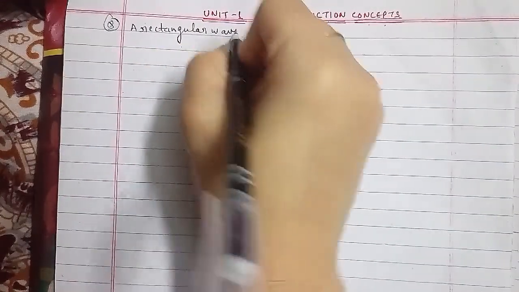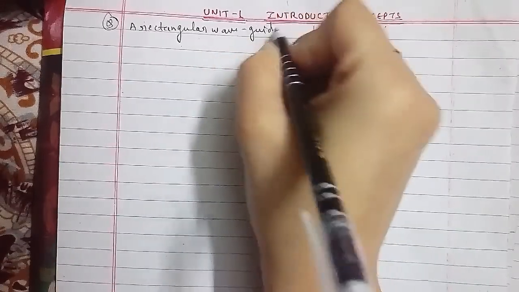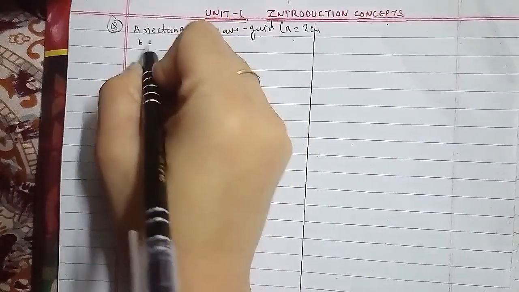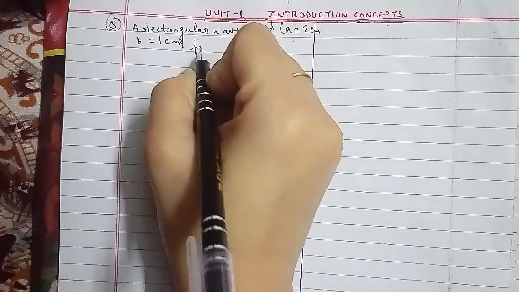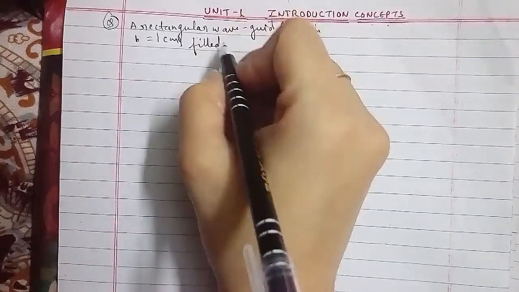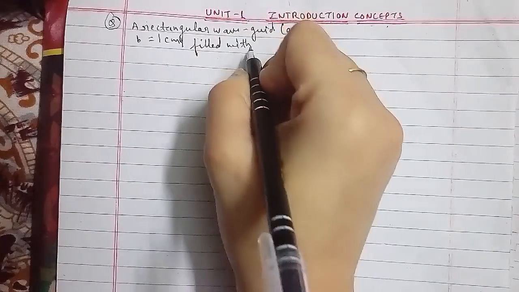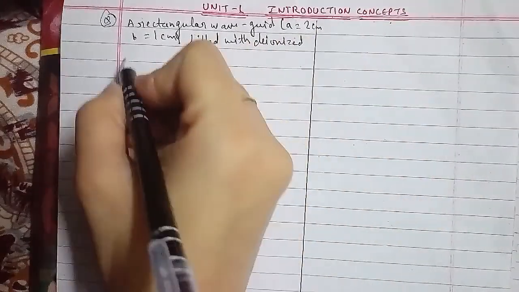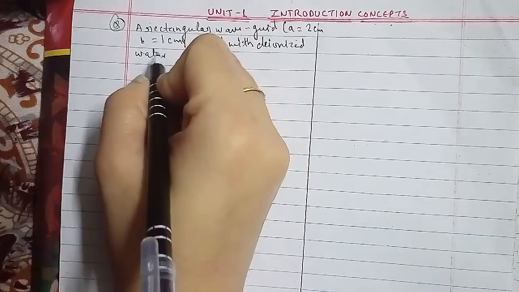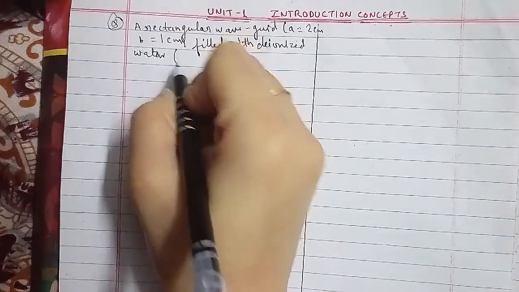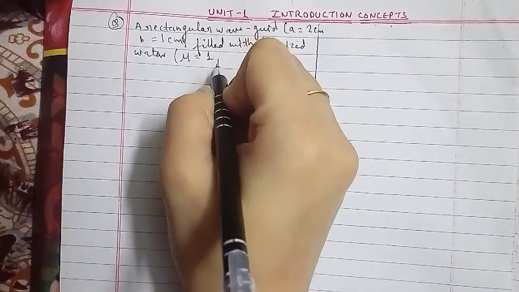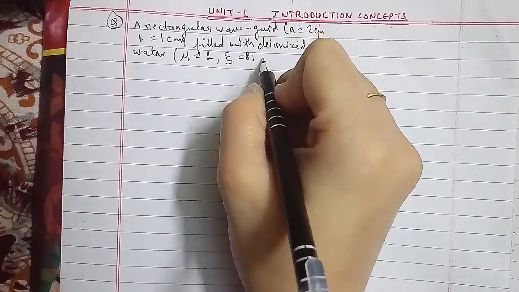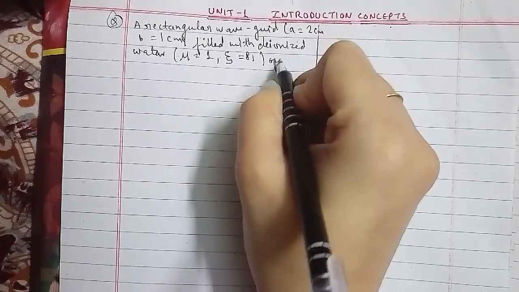guide, that is A equals 2 centimeter, B equals 1 centimeter. It is filled with deionized water, that is mu equals 1, epsilon equals 81, then operates at 3 gigahertz.